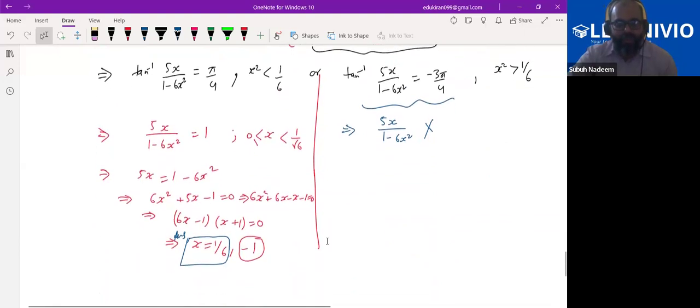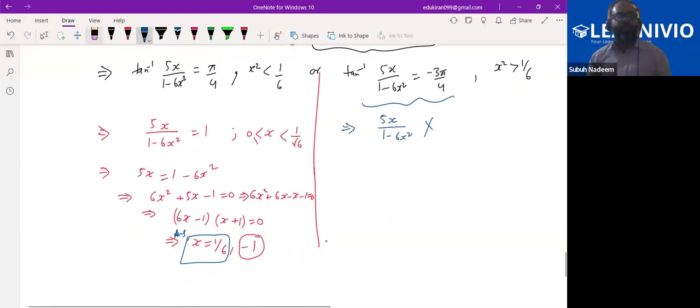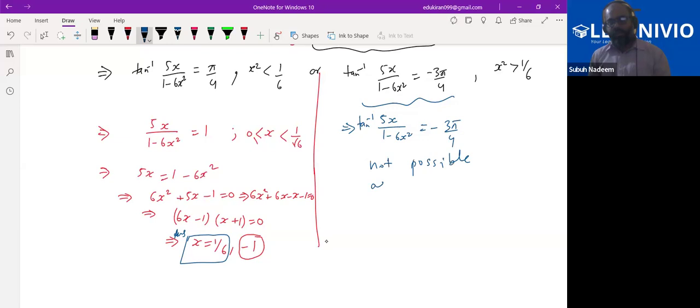So tan inverse of this cannot be equal to minus 3 pi by 4. Not possible, as the principal value of tan inverse is minus pi by 2 to pi by 2.